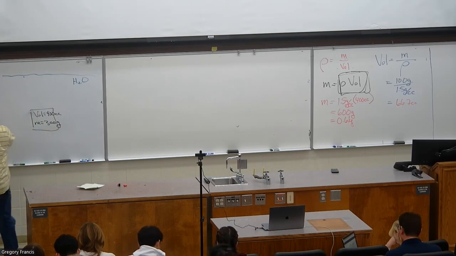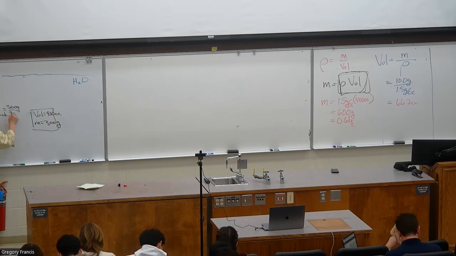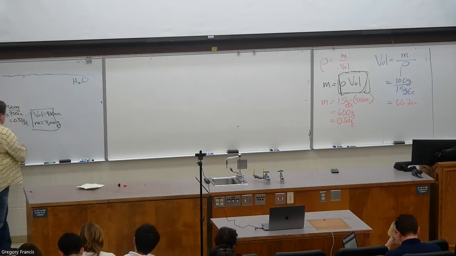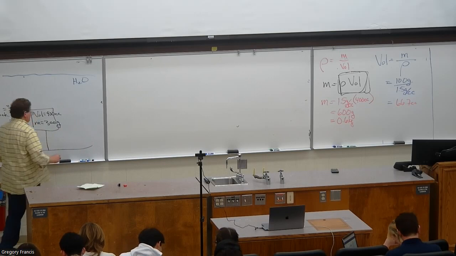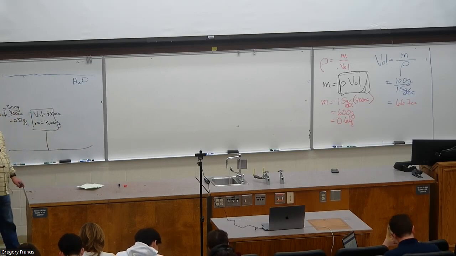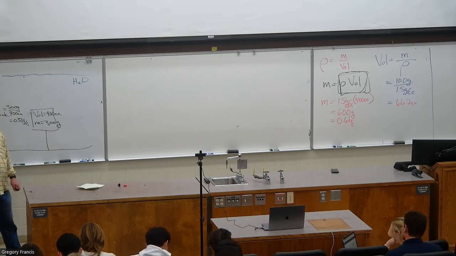That means the density of the block is going to be 300 grams divided by 900 cc's, or 0.33 grams per cc. So that's going to float. But I'm not going to let it float because I'm going to tie it to the bottom of the pool. And so the question is, what's the tension and the strain?